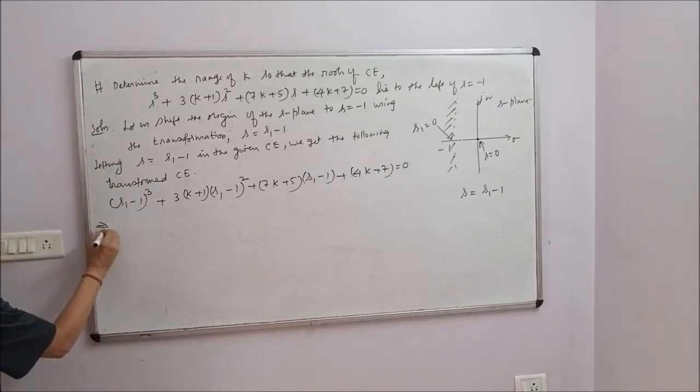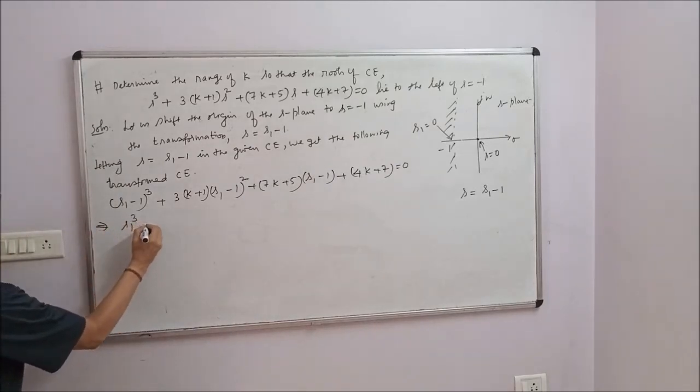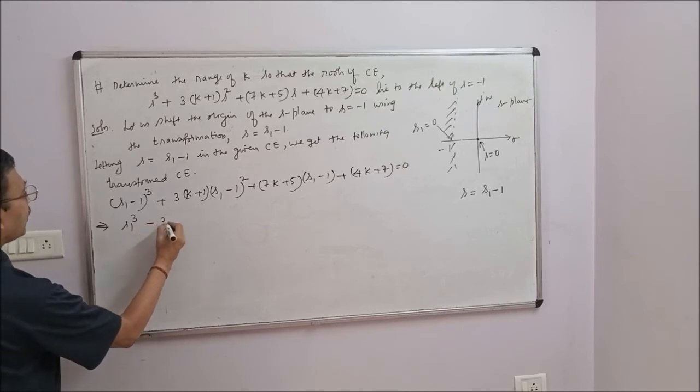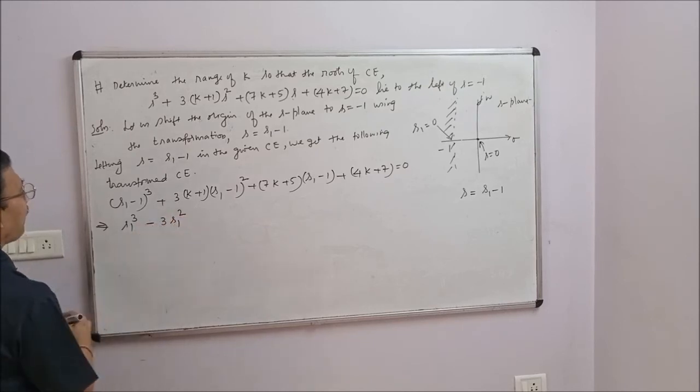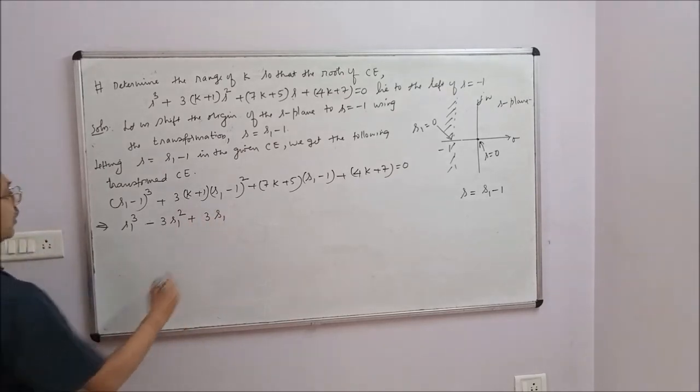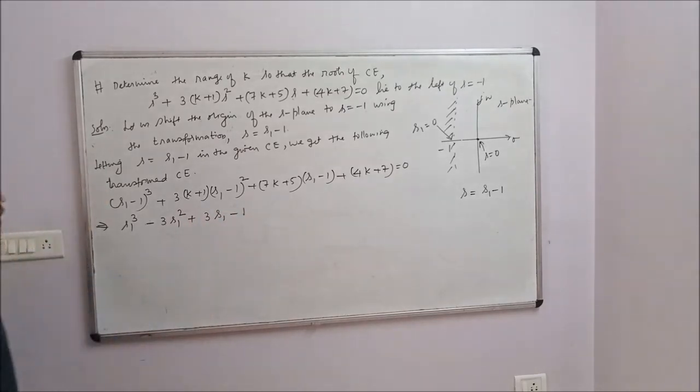So this is nothing but s1 cube minus 3 s1 square plus 3 s1 minus 1. This is what I get.